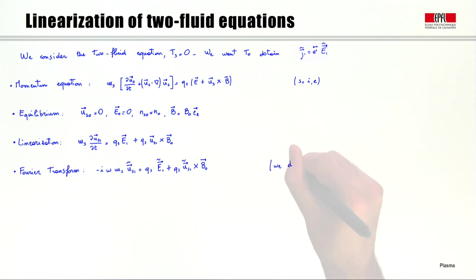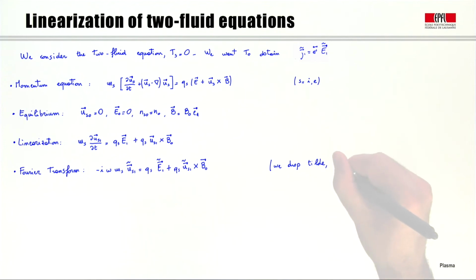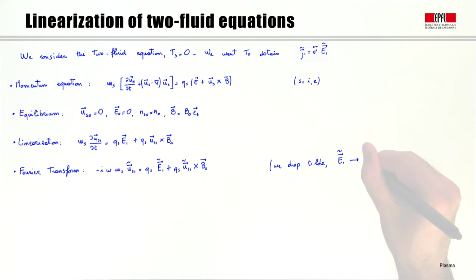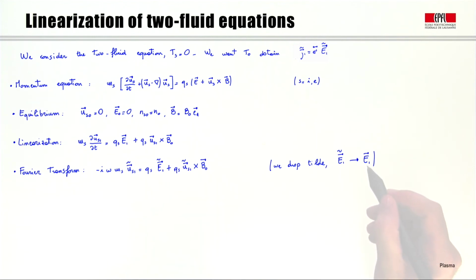Therefore, for the notation, we will, for example, denote E1, the Fourier transform, simply as E1. But we will keep in mind that this is the Fourier transform of E1, and more particularly the k, omega mode.